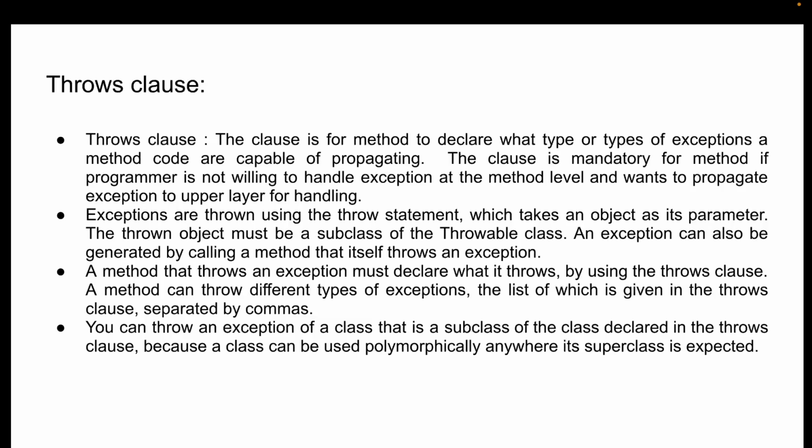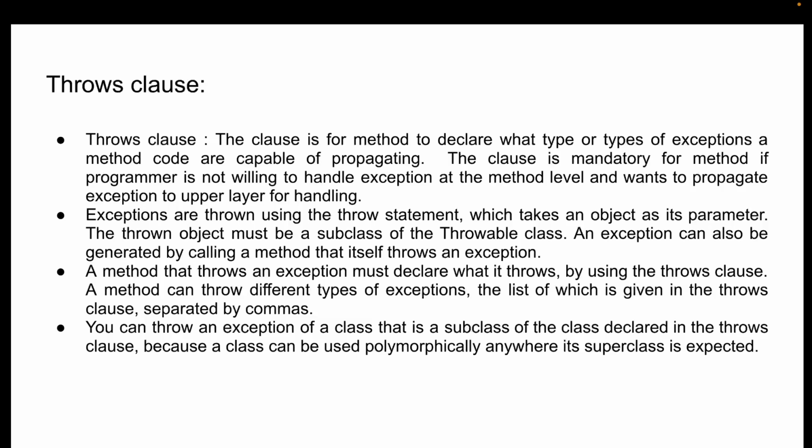I told you, in exception handling, generally we can propagate the error. I gave you that example of module 1 calling module 2 and module 2 calling module 3, where module 3 was your database layer. At the database layer we were getting some error, and if we don't want to handle it at the same layer, we can throw that error to the upper layer, and the upper layer can try to handle that error.